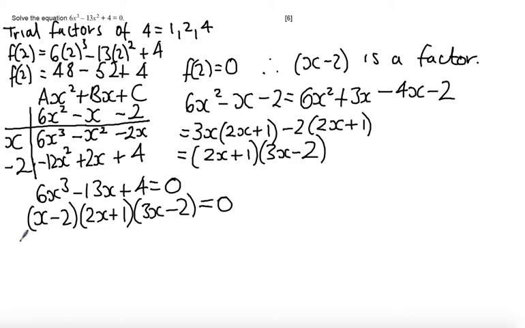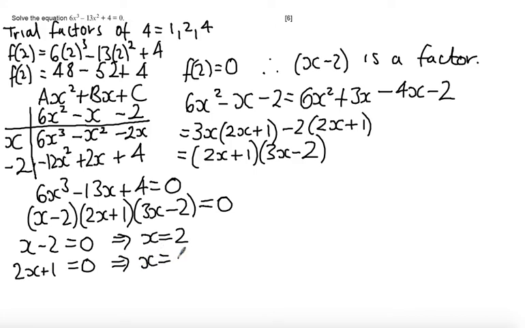Therefore x minus 2 equals 0 leads to my first solution of x equals 2. 2x plus 1 equal to 0, subtracting 1 from both sides and dividing by 2, gives minus a half. And 3x minus 2 equal to 0: if I add 2 to both sides and then divide by 3, I get x equals 2/3. And there we have our cubic equation solved.